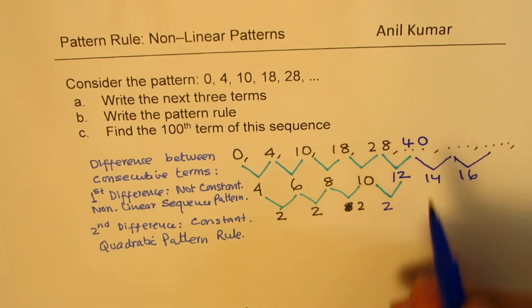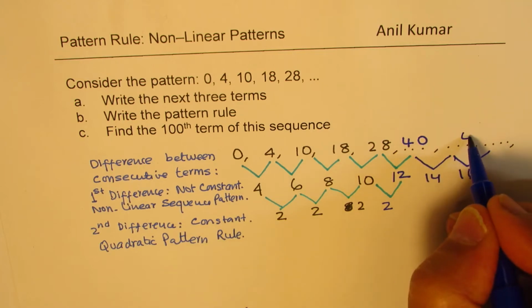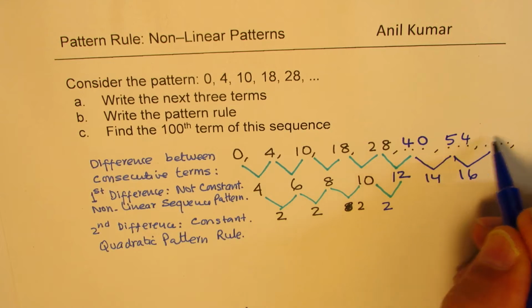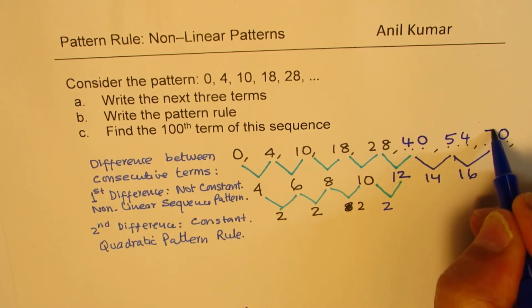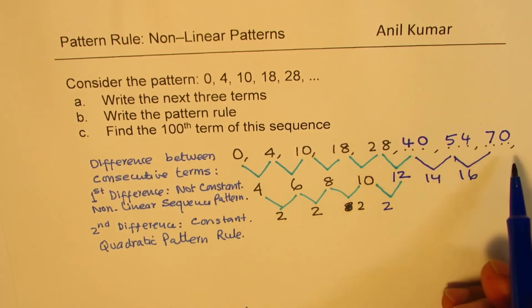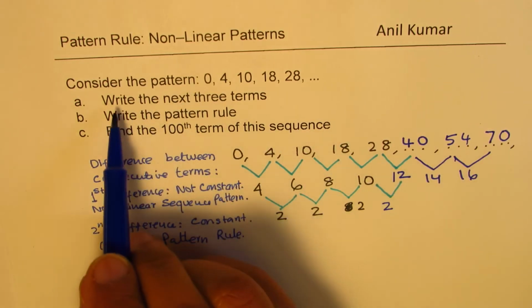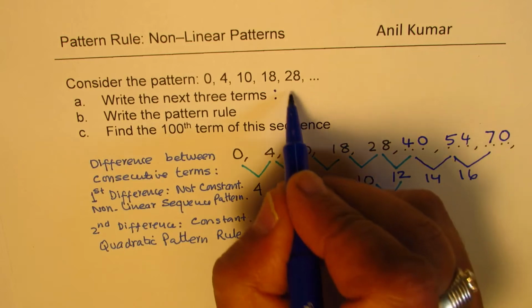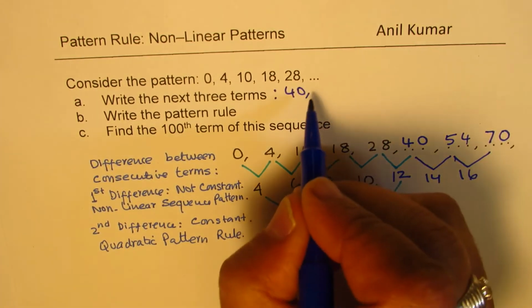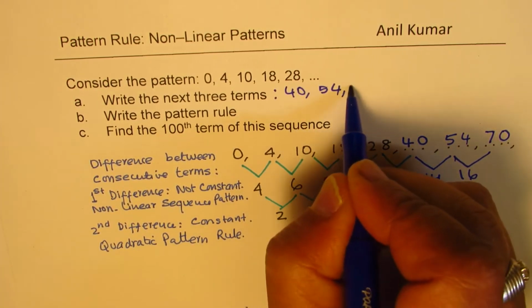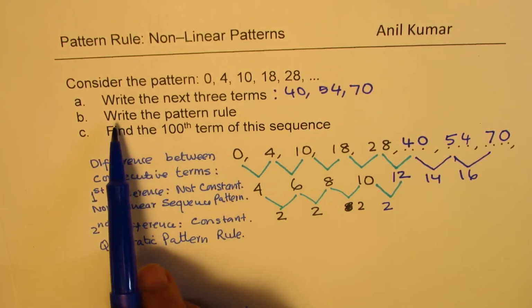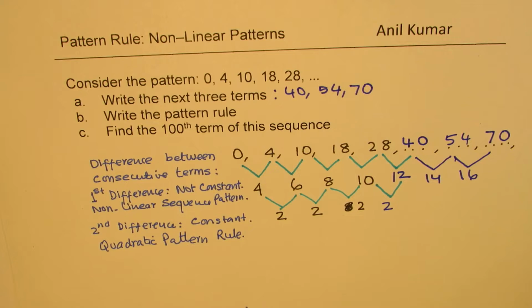So adding 14 to 40, we get 54, and adding 16 to 54, we get 70. Is that clear to you? So we at least got the three terms. Let me write down. The next three terms are 40, 54, and 70, correct?